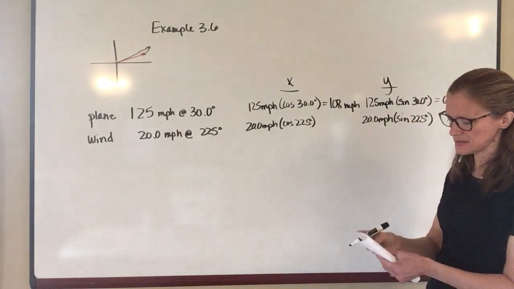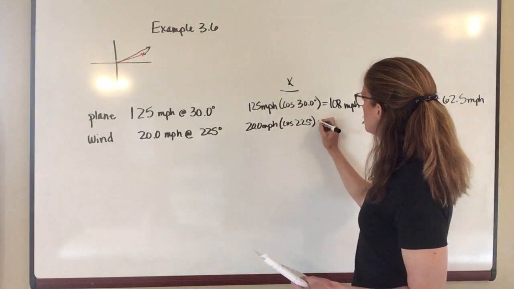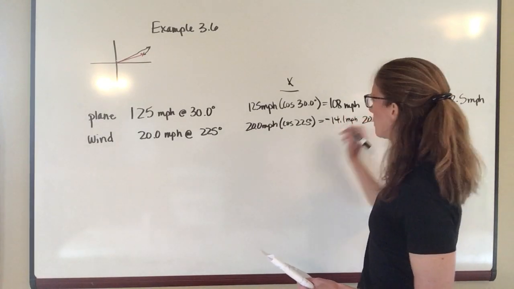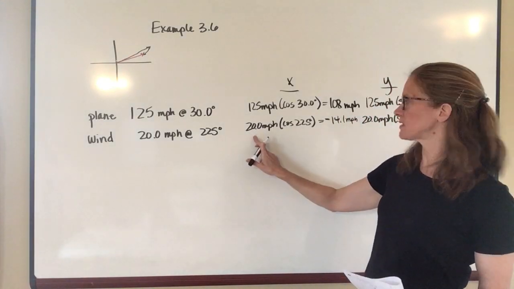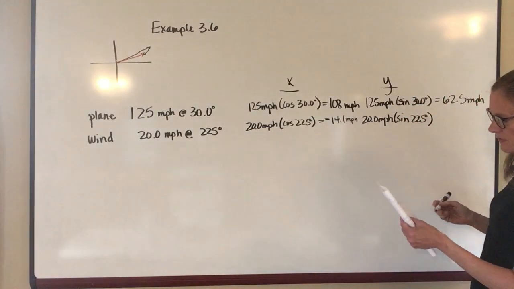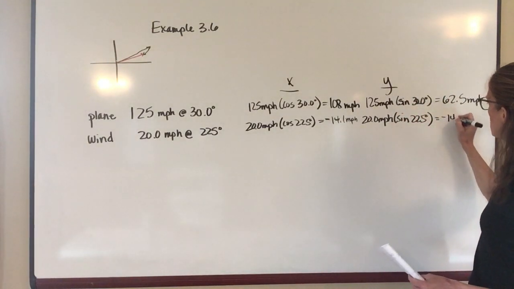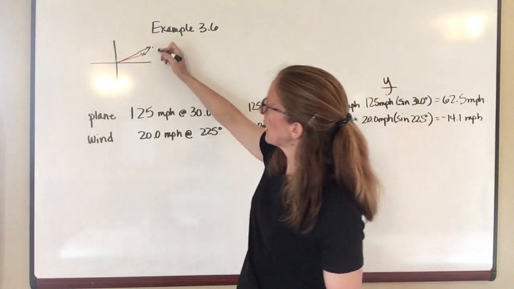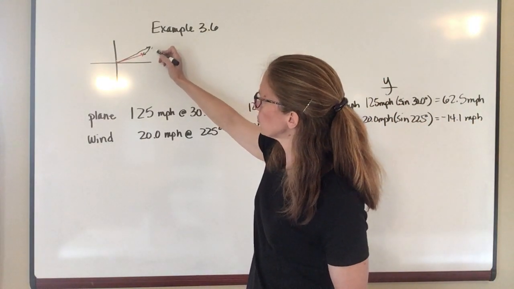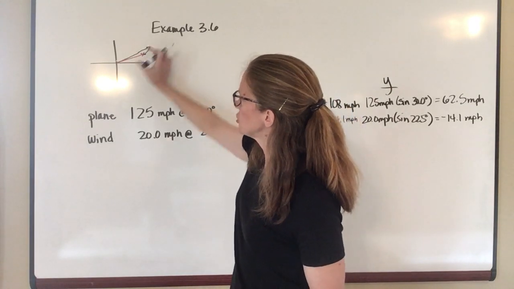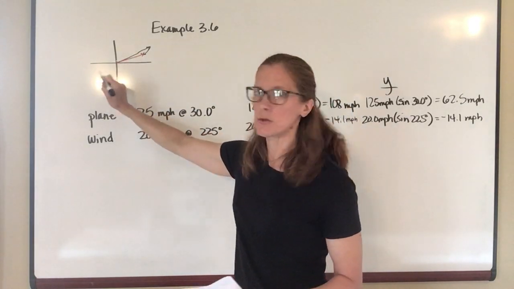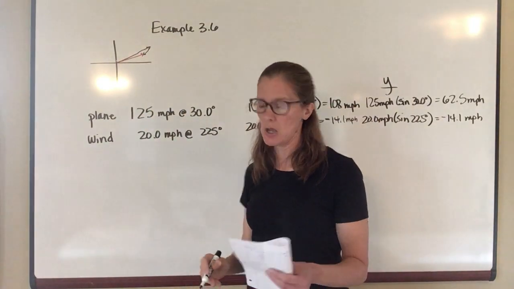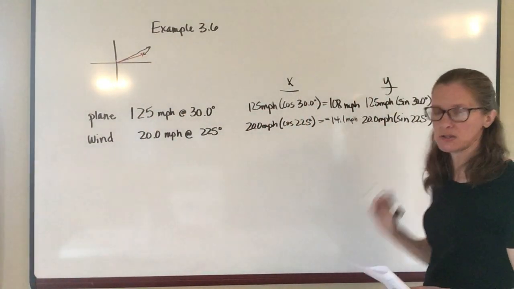The second set for the wind, this gives me a negative 14.1 miles per hour. Again, I have 3 significant figures because I had 3 in both of these. And then I have a negative 14.1 miles per hour here. And so if I look at this, the direction of this vector, if that started here at the origin, it would be down in the third quadrant, so the x component should be negative and the y component should be negative. So both of these answers make sense as well.